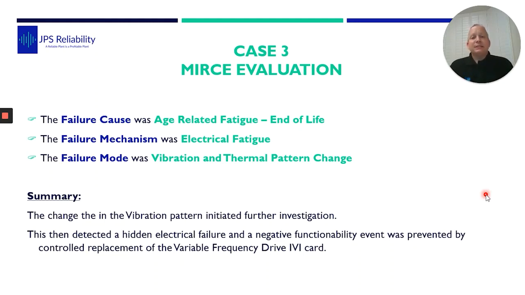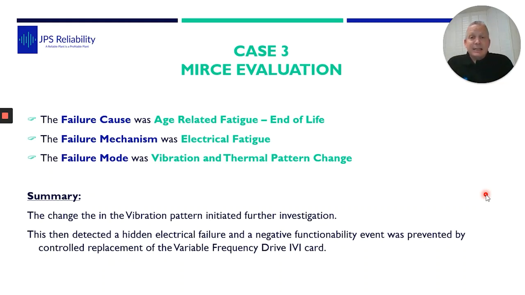The failure mode, how we detected it, was through vibration and a thermal pattern. So in summary, change in the vibration pattern and the thermography initiated further investigation. So it detected a sort of hidden electrical failure.